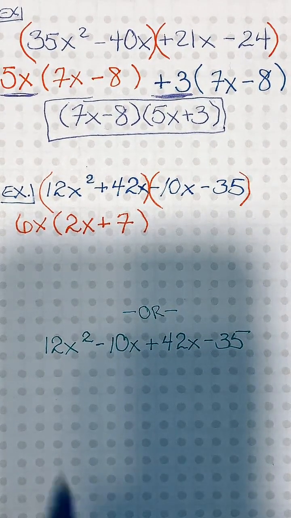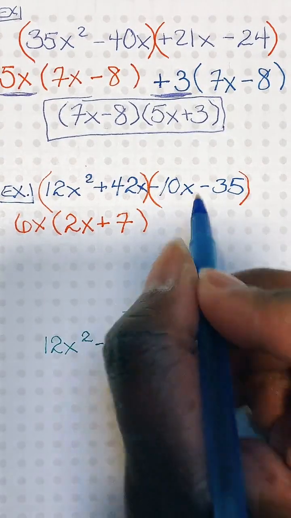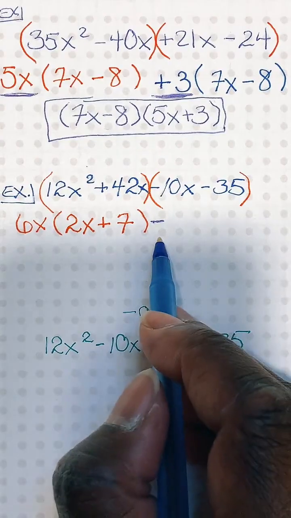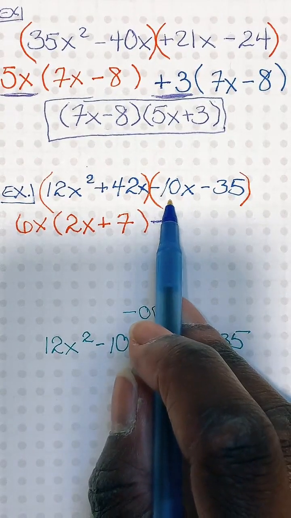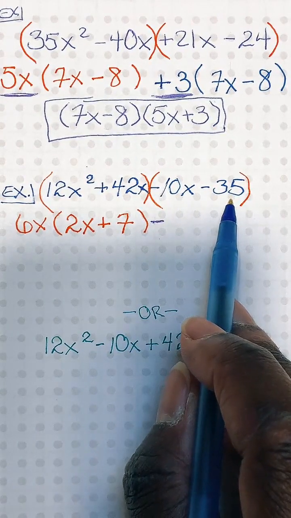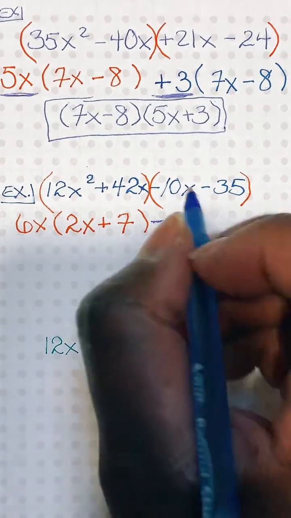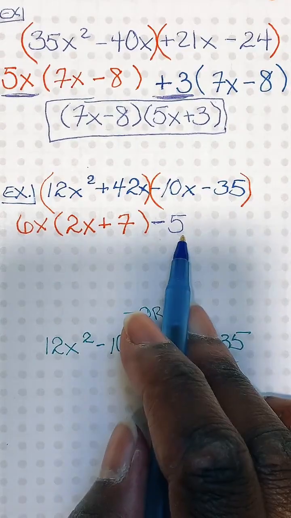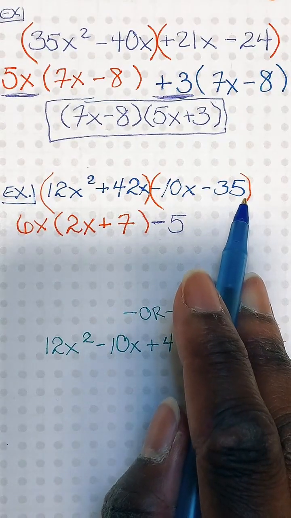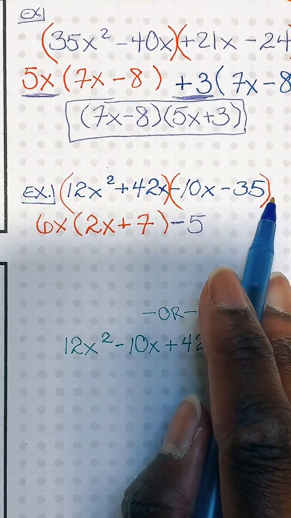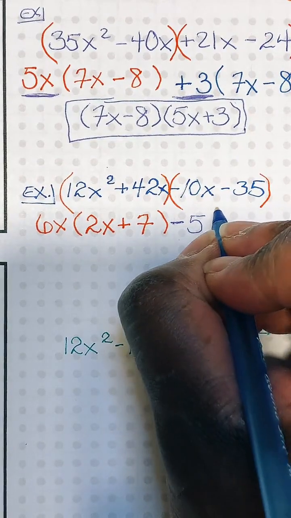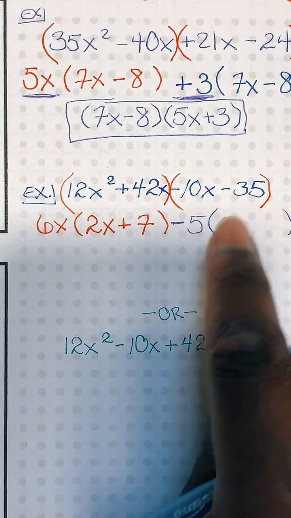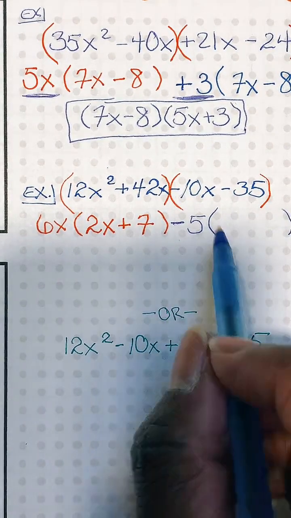Then over here, we have a negative 10, so that negative needs to come down. What number do 10 and 35 have in common? That will be a 5. Not a 5x, because 35 doesn't have an x. So we close it up. Divide the original by the negative 5.